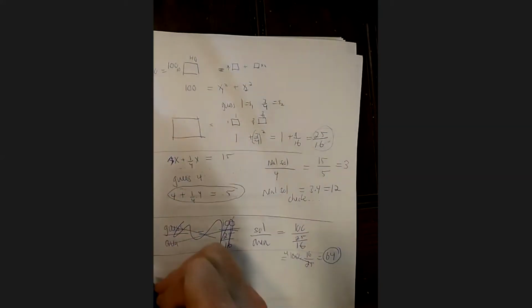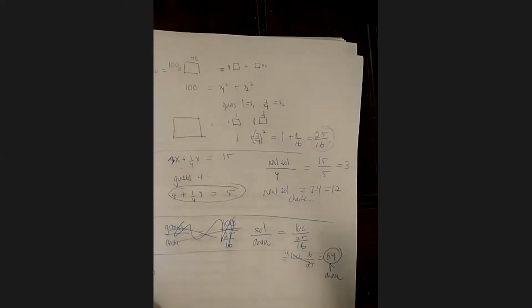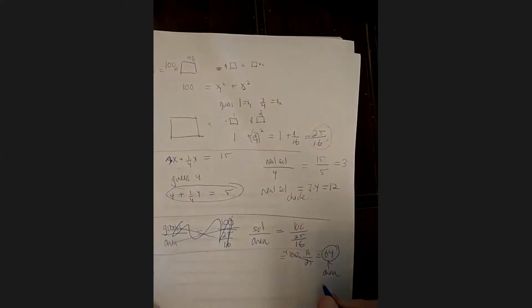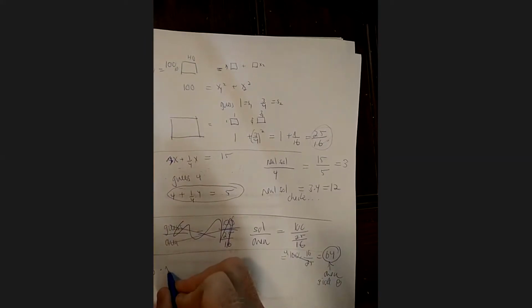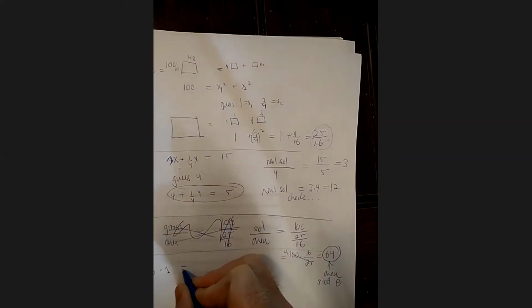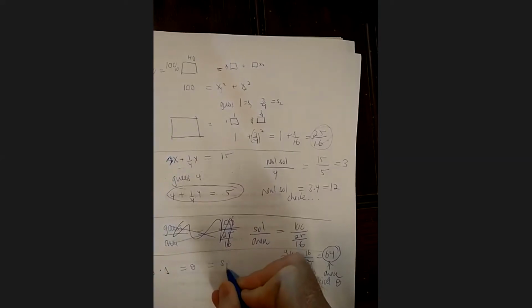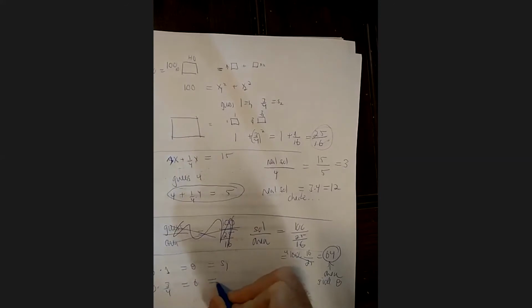We're looking at a side, but this is an area, and the area is off by 64. That means the sides are going to be off by the square root of 64, or 8. So we take 8 times 1, and that gives us 8 for our first side. Then 8 times 3/4 gives us 6 for the second side.